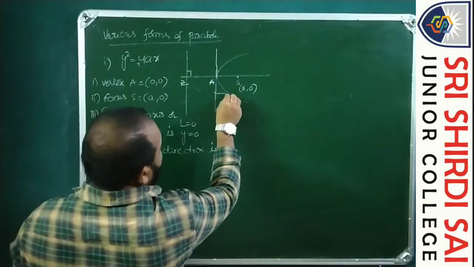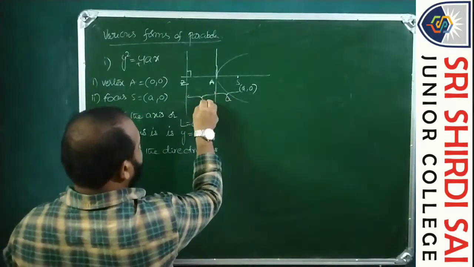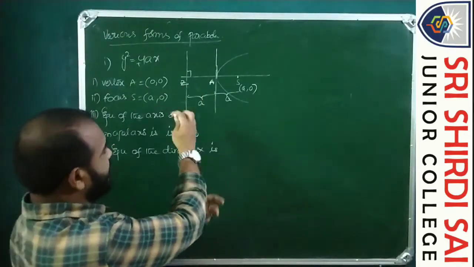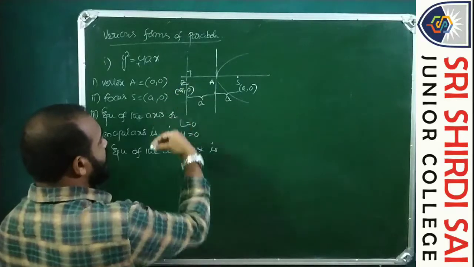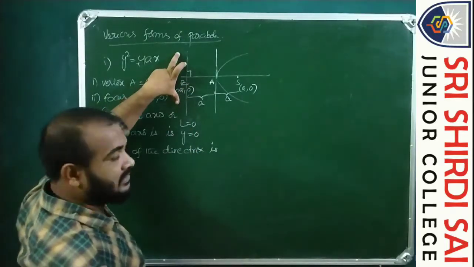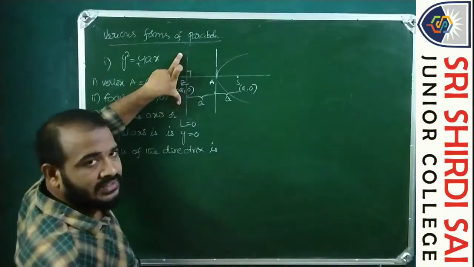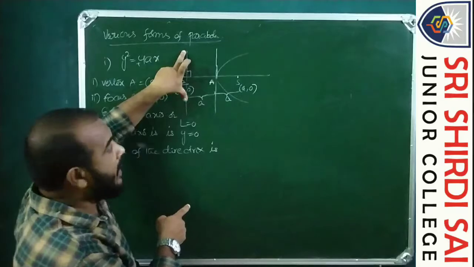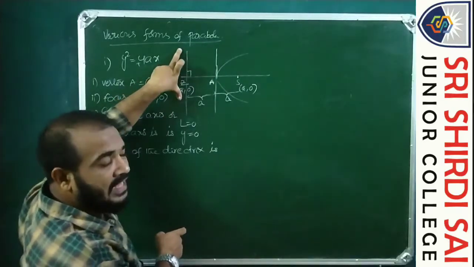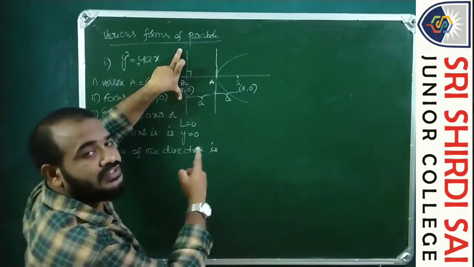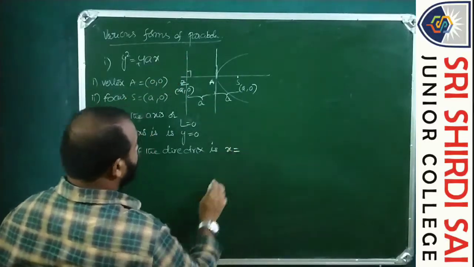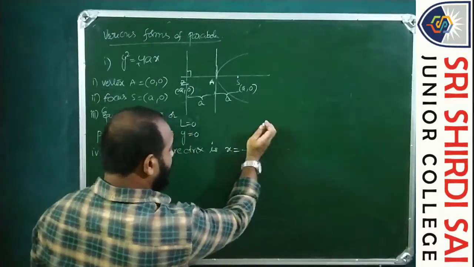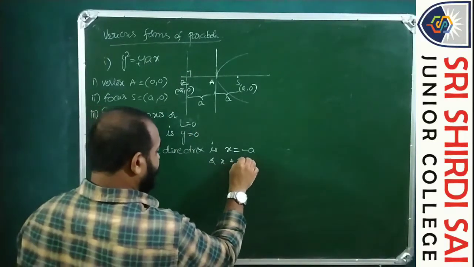So if it is a, this is also a, but Z lies in the negative x-axis, for which it is minus a comma 0. So the equation of this directrix is a straight line, and this straight line is parallel to the y-axis. That means it's a vertical line. A vertical line is of the form x equals to something. So x is equals to minus a, or x plus a equals to 0.